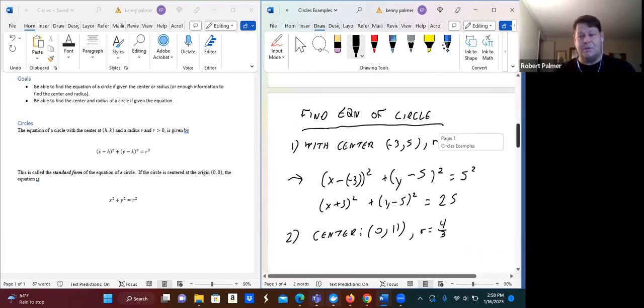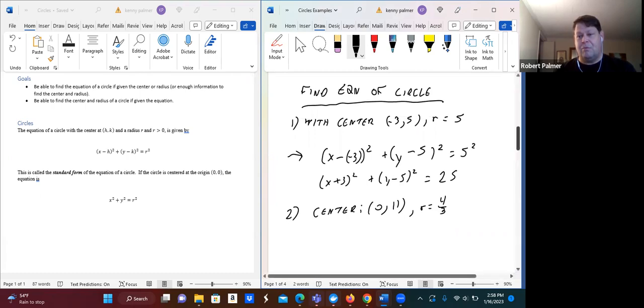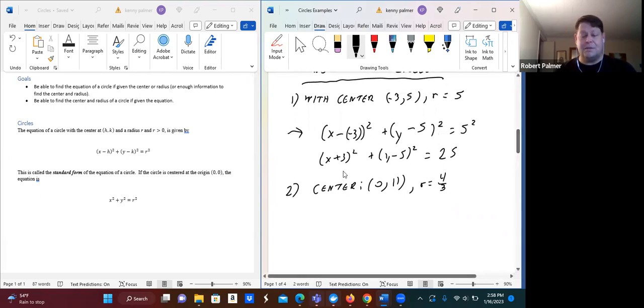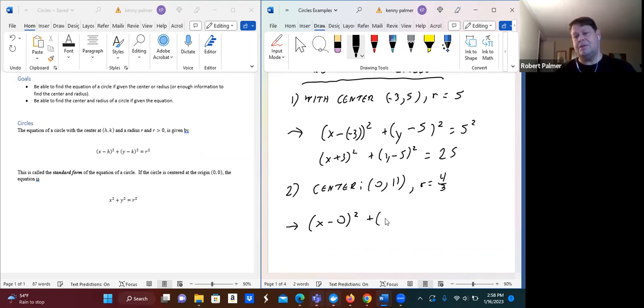They can be fractions, have radicals, anything like that. Okay, same thing. So we're going to have x, then minus our x coordinate 0 squared, plus y minus our y coordinate, which is 11 squared. And then we have to square our radius, which is 4/3.